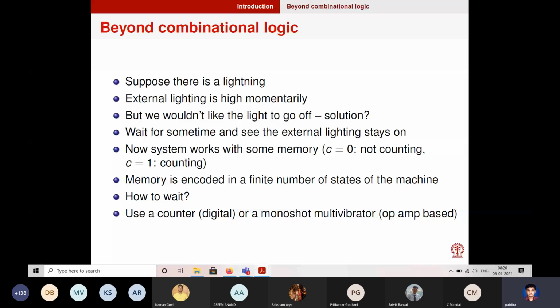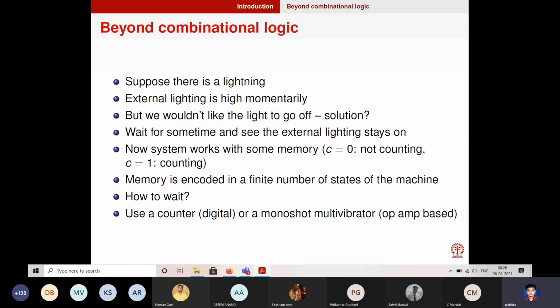And the moment you do this, you have to have some kind of memory over time, because we are saying that it's momentarily high. Okay, it's not there for a long time. This means the moment you say that, you need to have a memory of what happened in the past. Was it on?